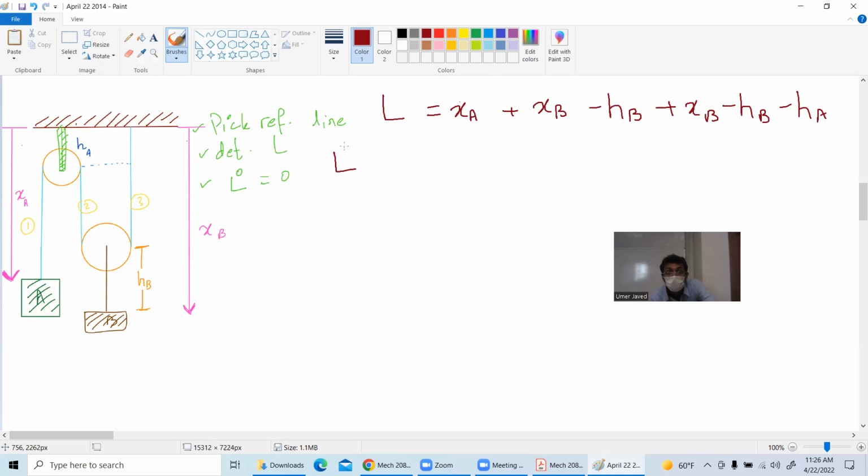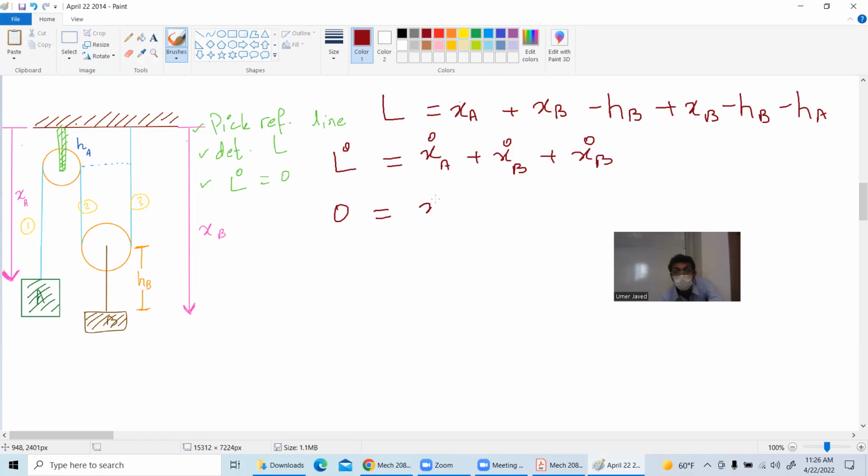So L dot will be X dot A plus X dot B plus X dot B, and you can put 0, 0, 0. L dot equal to 0.